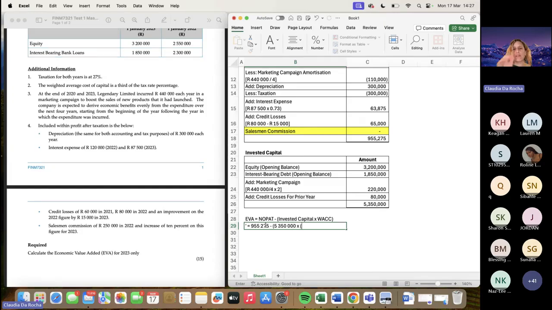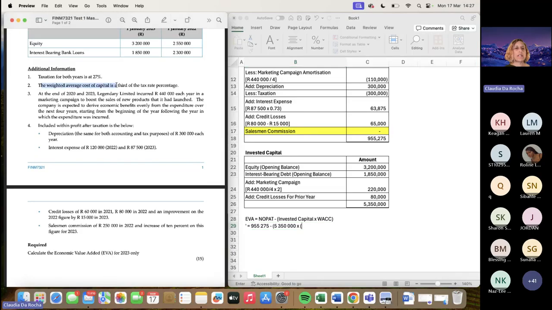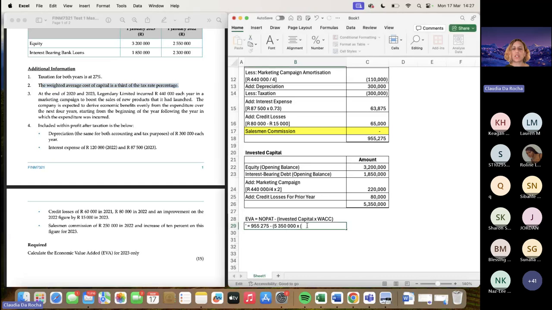With my WACC, there's a calculation, because they told me my weighted average cost of capital is a third of the tax rate percentage. So I've got to take my 0.27, times it by 1 and divide by 3, because it's 1/3.